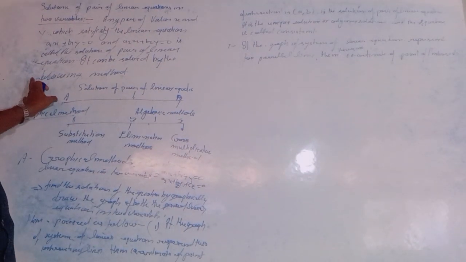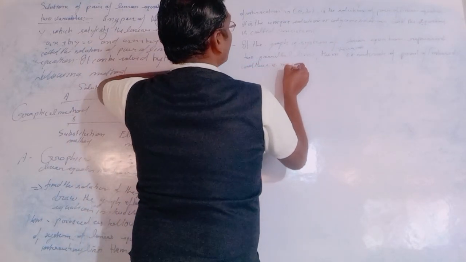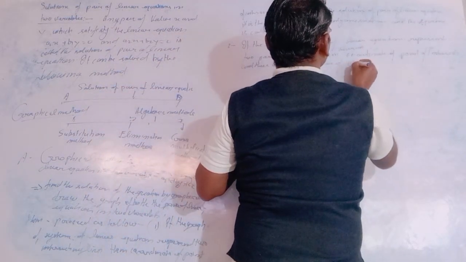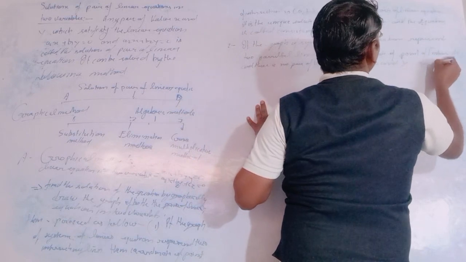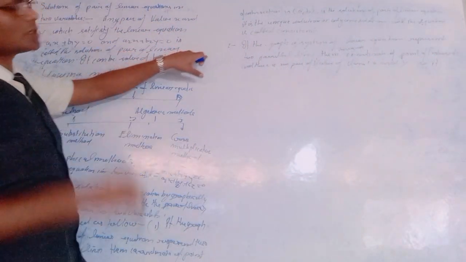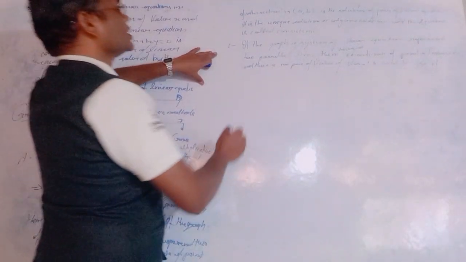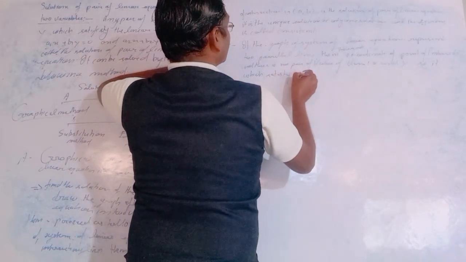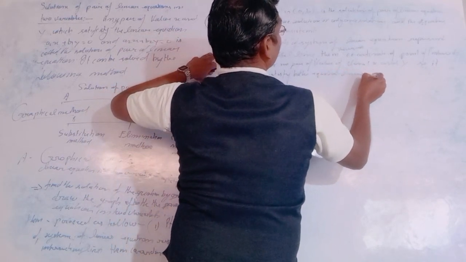So what happens with no point of intersection? Consequently, there is no pair of values of variables x and y which satisfy both equations of the linear pair.